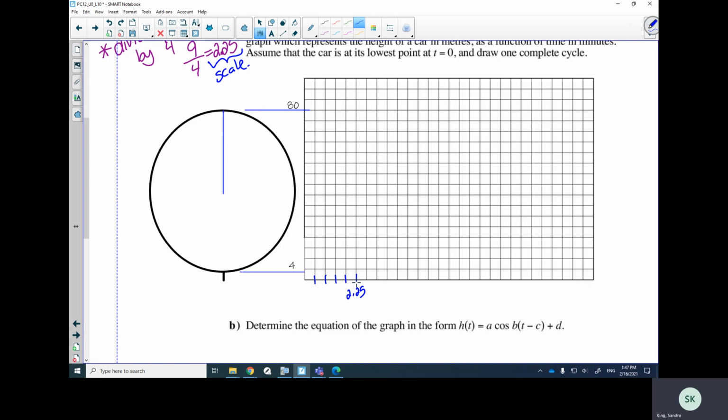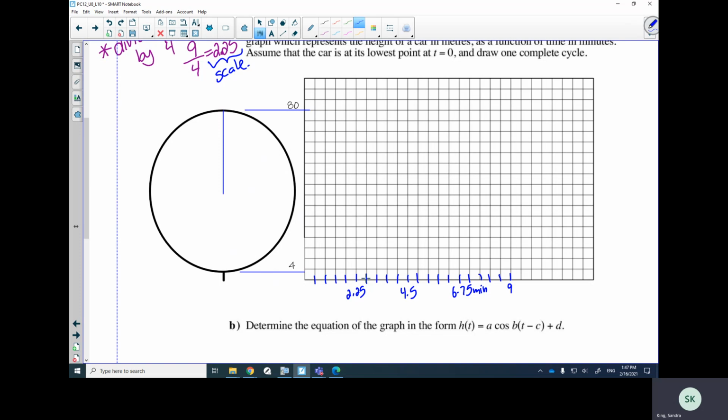Then if you did another 5 boxes, that would be 2.25 plus 2.25, which is 4.5 minutes. And then go 5 more boxes, and that's 4.5 plus 2.25, which is 6.75 minutes. And then 5 more boxes, that's going to be 9 minutes.